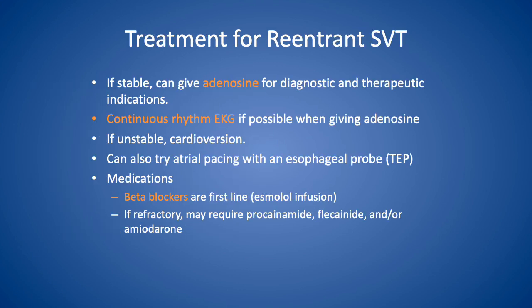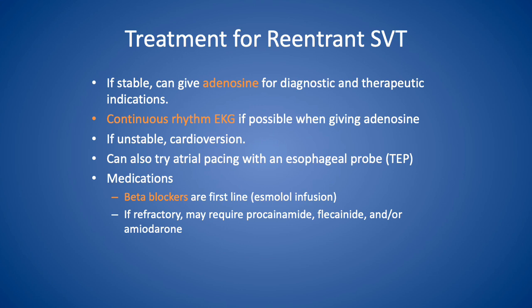Treatment for reentrant SVTs, if stable, you can give adenosine, which can be both diagnostic and therapeutic. It's helpful to have a continuous rhythm EKG if possible when giving adenosine. If we're unstable, cardioversion would be the right choice.